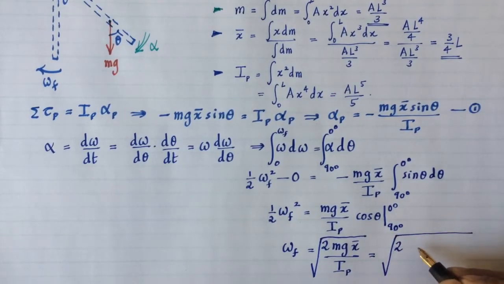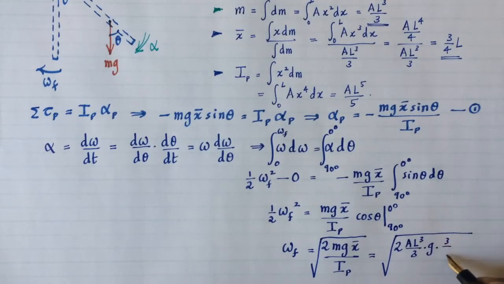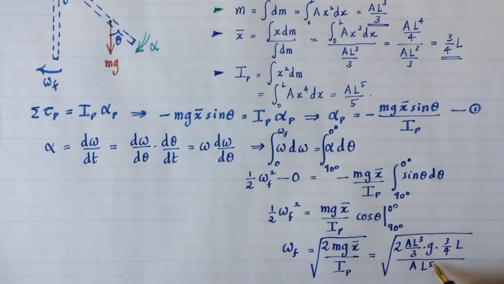2 times the mass is given by a L cubed over 3 times g. X bar is 3/4 L, and I sub p is a L^5 over 5. Let's see what simplifications occur.